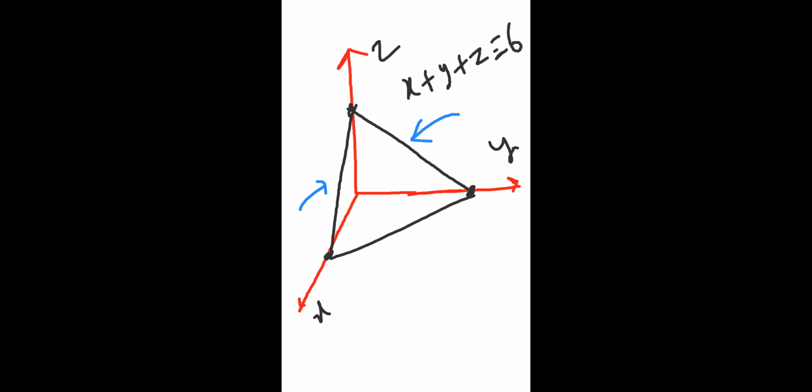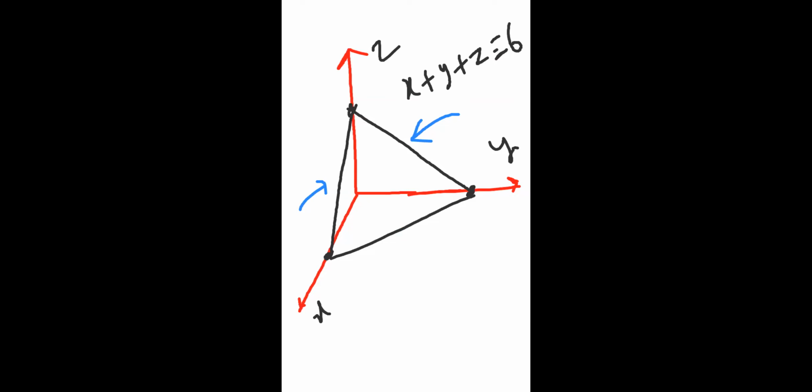Say for example 2 comma 2 comma 2, whether it is inside or outside. 4 comma 4 comma 4, or any random value, 1 comma 2 comma 3, or even negative values, minus 1 comma 3 comma 4, or 5 comma 5 comma 5, whether it is inside or outside.